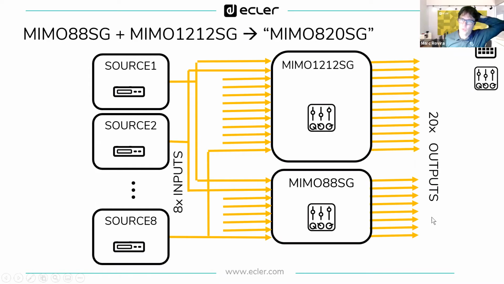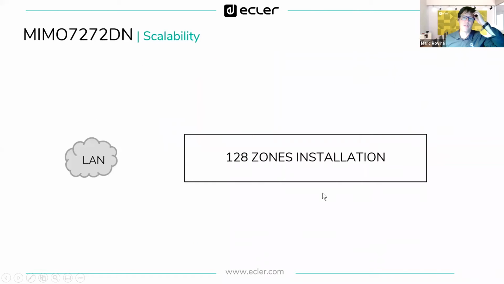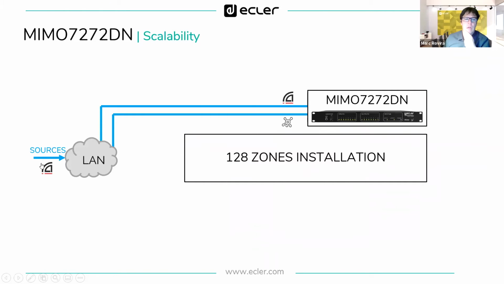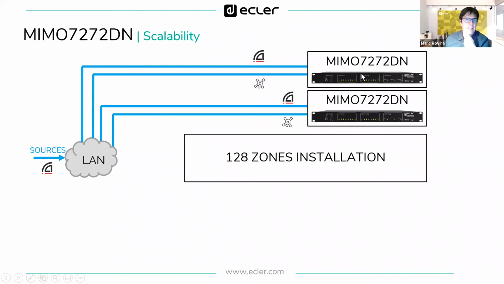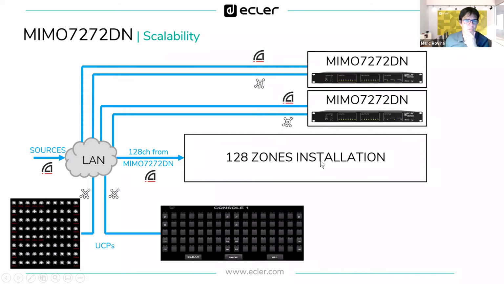We've got 20 outputs and 8 inputs because we doubled the inputs. So if we've got a 128 zones installation, we will have the same sources connected to the 7272 The End, and we've got the control here, and we can add another one. So we can send 128 channels onto the installation.